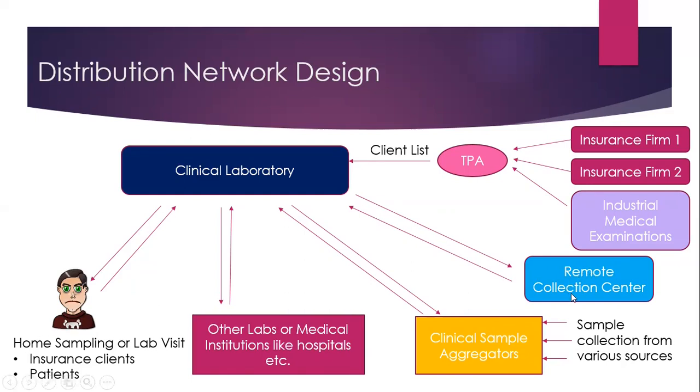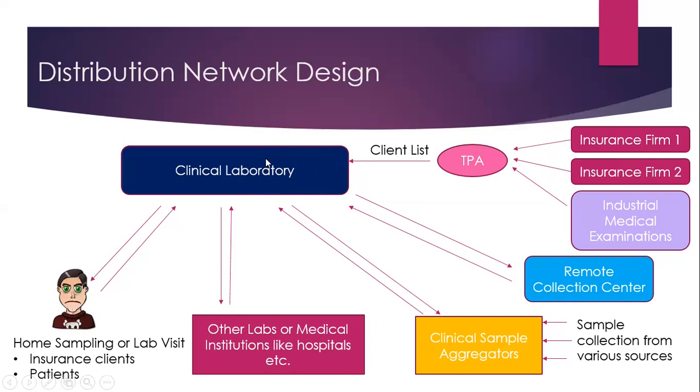There may be a remote collection center associated with the clinical laboratory. The samples are collected and dispatched to a clinical laboratory, and then reports are transferred to the collection center to be taken up by patients. Then a clinical laboratory also provides medical checkups for insurance and other medical institutions, and usually they are through a third party administrator or TPA who sends a client list to the clinical laboratory.